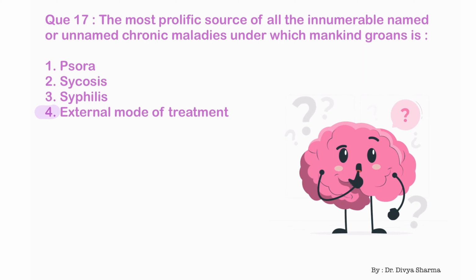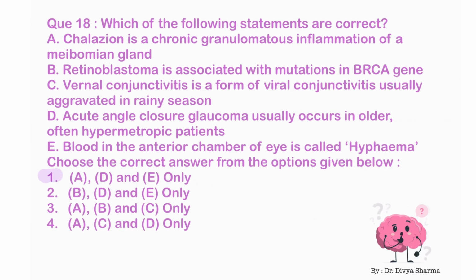Question number 17. The most prolific source of all innumerable named or unnamed chronic maladies under which mankind groans is. It is option number 4, external mode of treatment. Question number 18. Which of the following statements are correct?